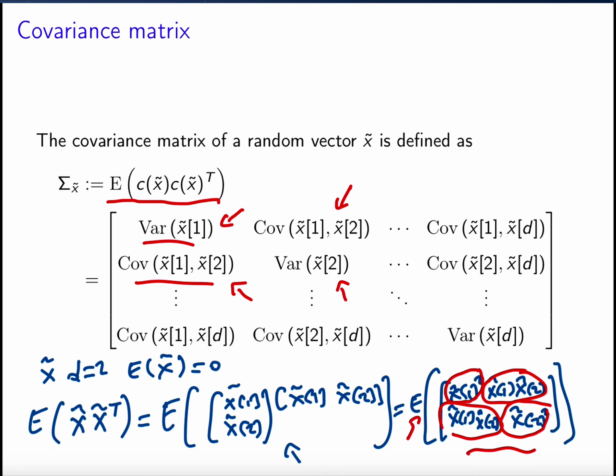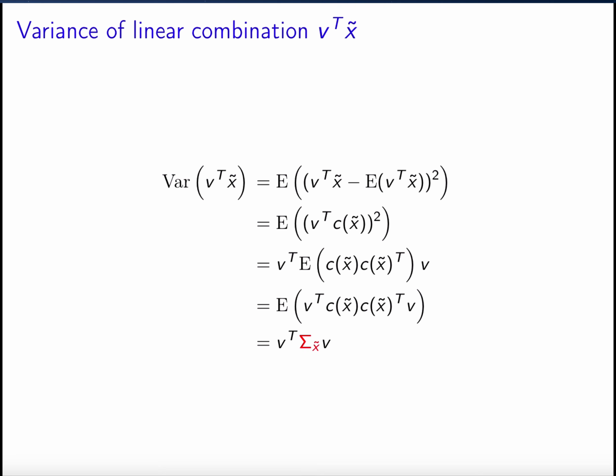You just say that the diagonal entries are the variances, and then the off diagonals are the covariance of those entries. But it's important to remember that all of this essentially comes from here, because the covariance matrix allows us to compute the variance of any linear combination of the random vector.